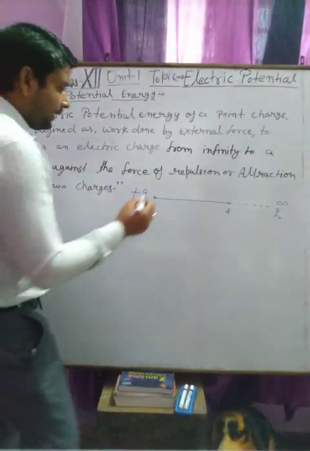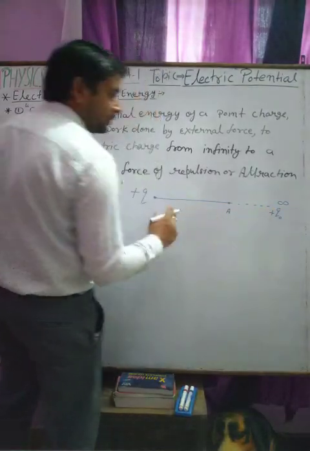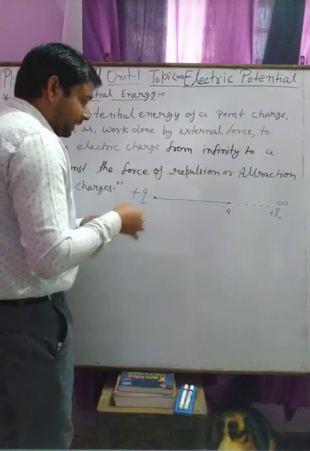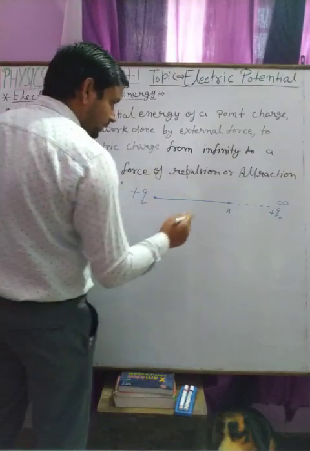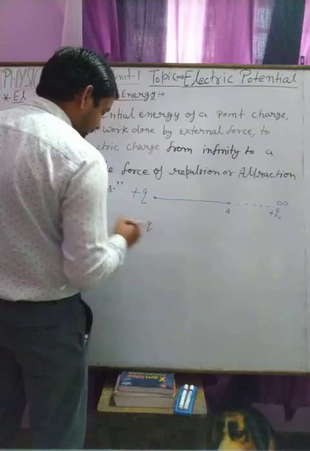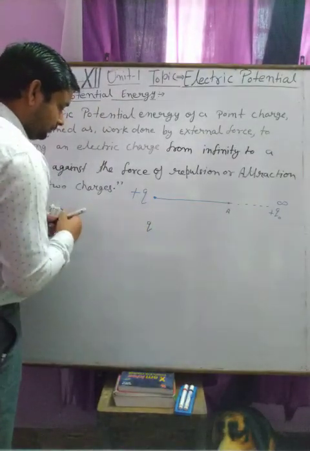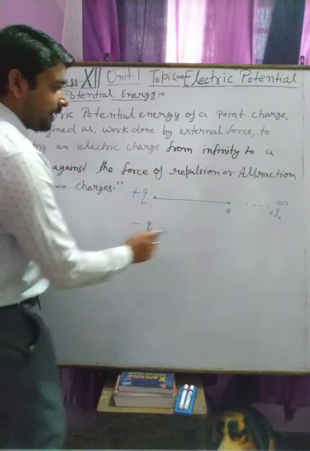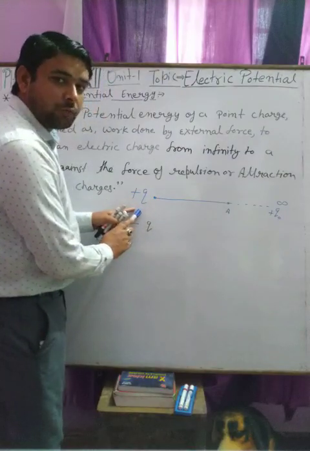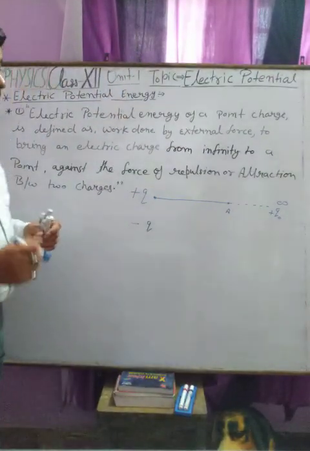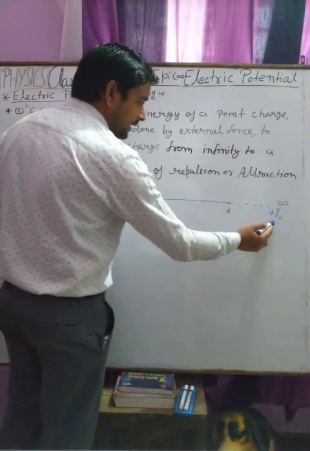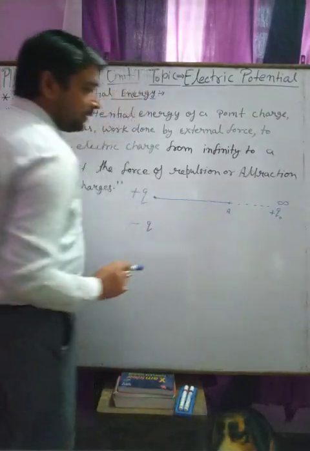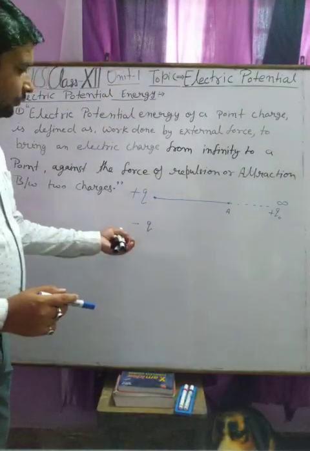Now these two charges are positive in nature, or for the second case, suppose this is a negative charge and the test charge is always taken as positive, so they attract each other, and in the case of like charges they repel each other. So if they are like charges, it is a force of repulsion, and if they are unlike charges, it is a force of attraction.